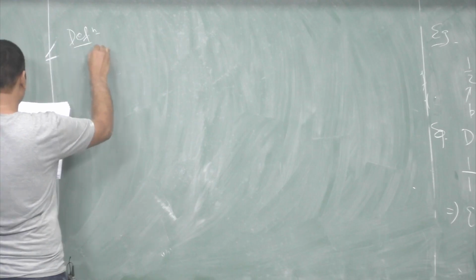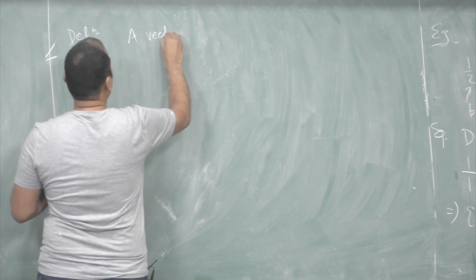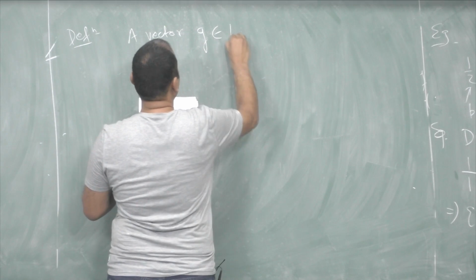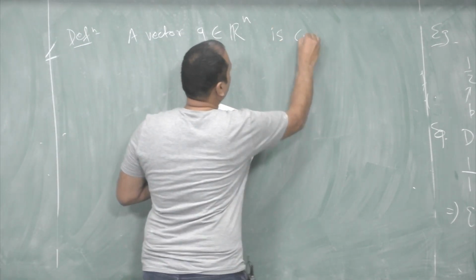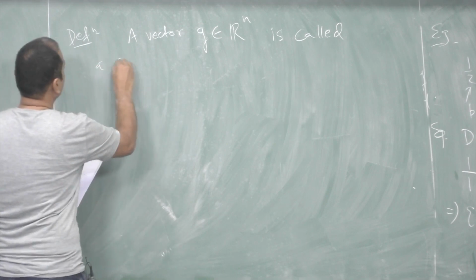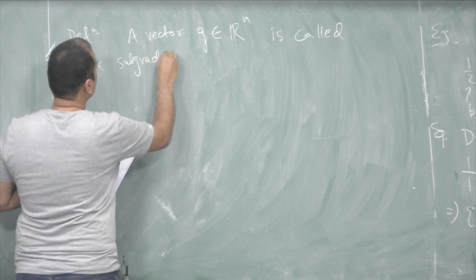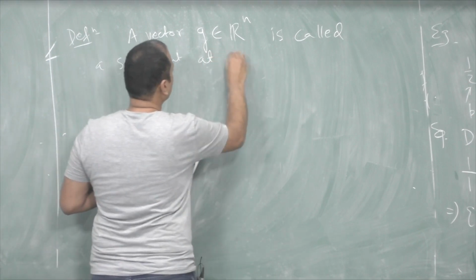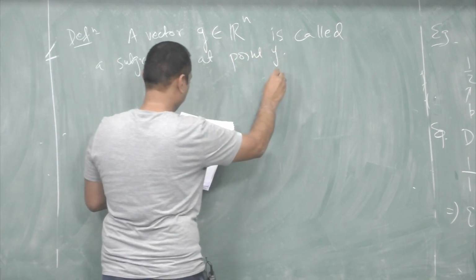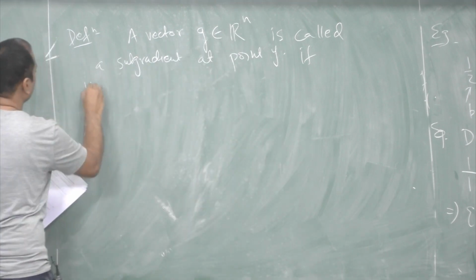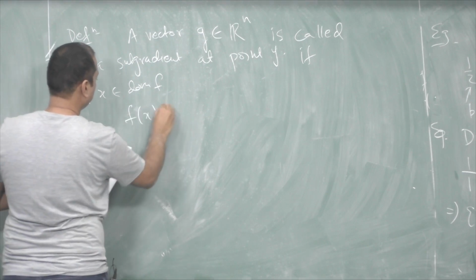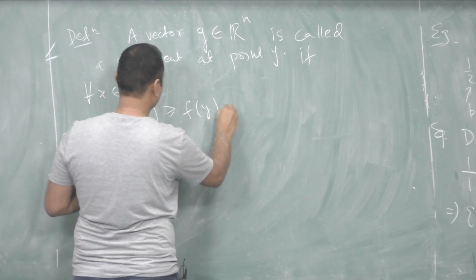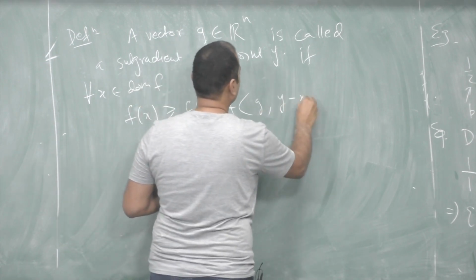So I think I already defined it, but maybe not precisely. Let a vector g in R^n be called a subgradient at point y if for all x in the domain of f, the same thing as before: f(x) is greater than or equal to f(y) plus g transpose (x minus y).